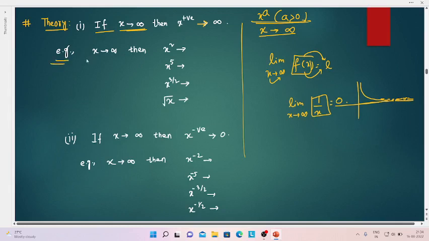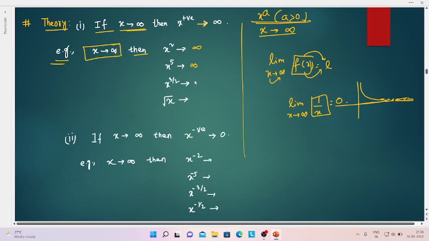For example, as x tends to infinity, x to the power 2 tends to infinity, since 2 is positive. Similarly, x to the power 5 also tends to infinity, because 5 is positive.